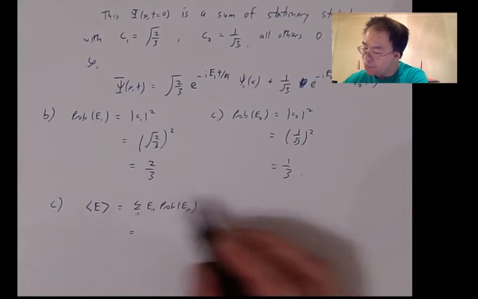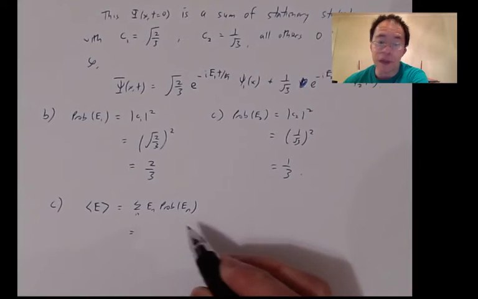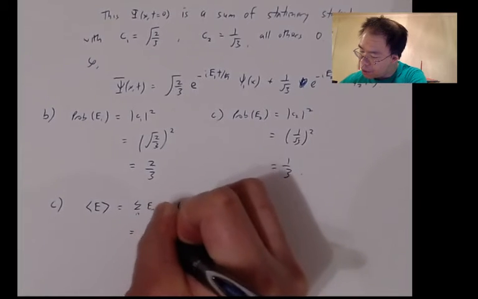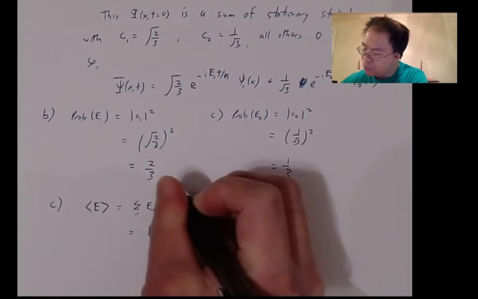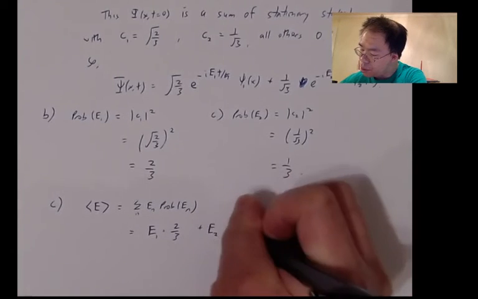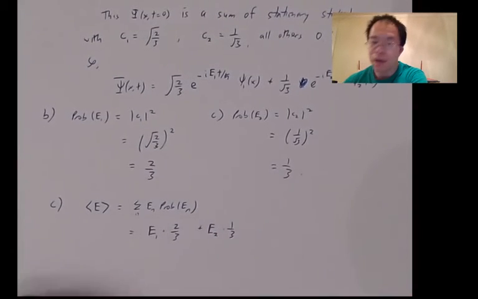And so there's only two terms in the sum for us. So we have E1 times the 2/3 probability of getting it plus E2 times the 1/3 probability of getting that.